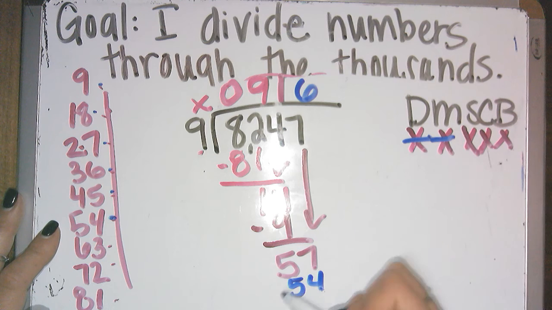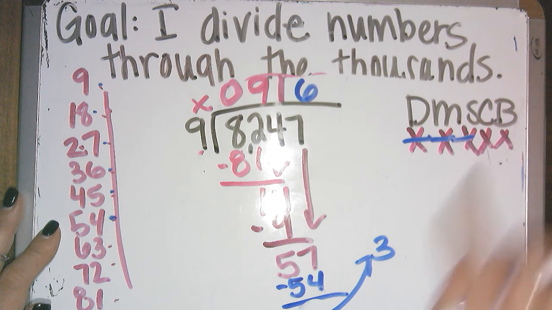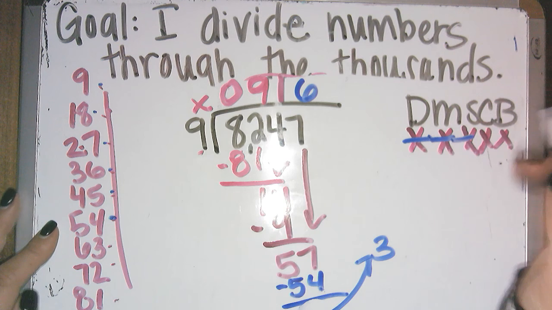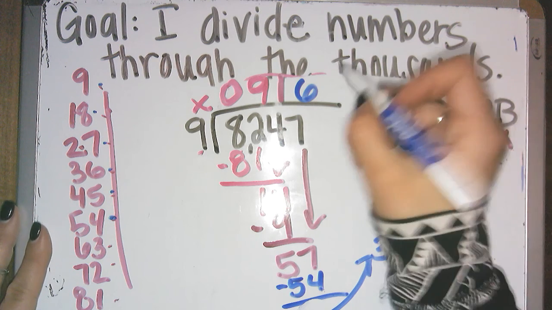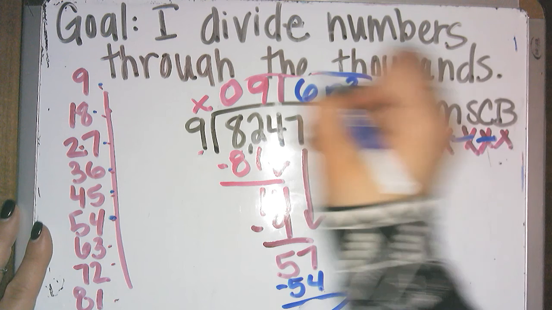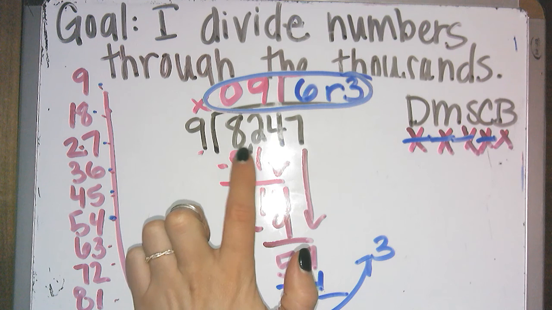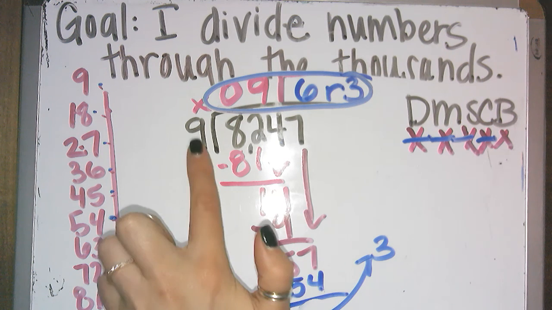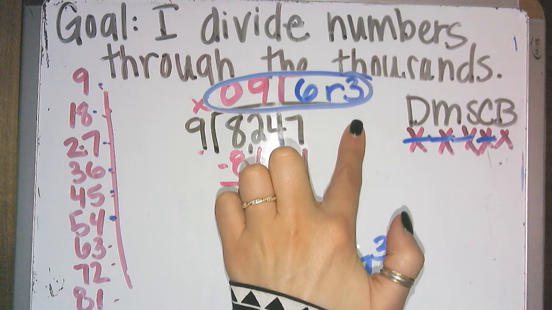Now I need to subtract. 57 minus 54 is 3. Now I need to check. Is 3 less than 9? It sure is. Bring down. Nothing left to bring down, so I need to make a remainder of 3 and circle it. So 80,247 divided by 9 is 8,916, remainder 3.